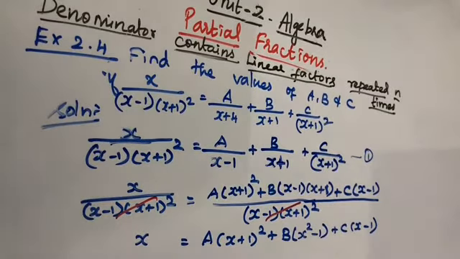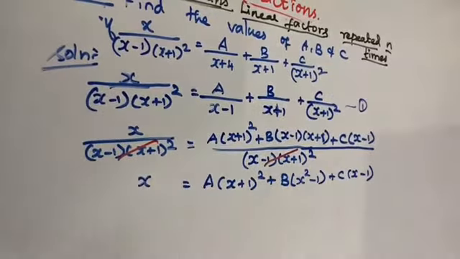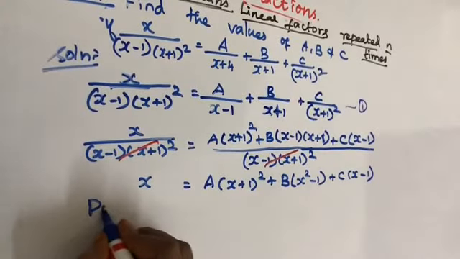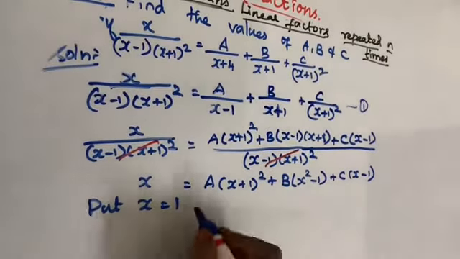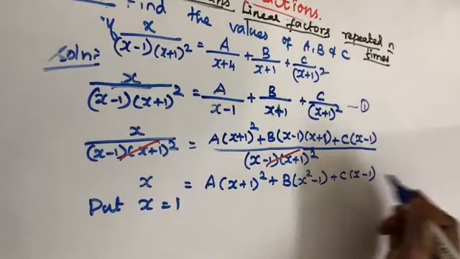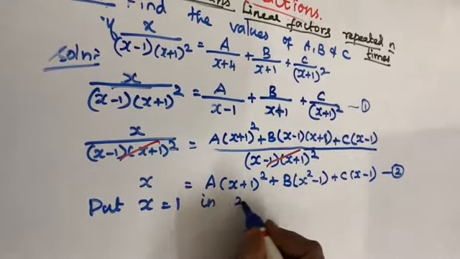Now, we have to substitute some arbitrary values for x to find the constants. Put x is equal to plus 1. Okay. So, then this is our equation 2.